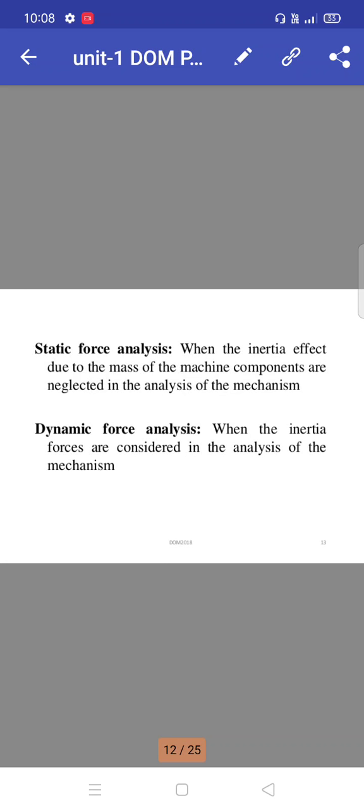Dynamic force analysis means the object is in motion, generally machines running frequently. If we apply certain forces on the component or equipment, we can get a different kind of aspect. It is called dynamic force analysis here.